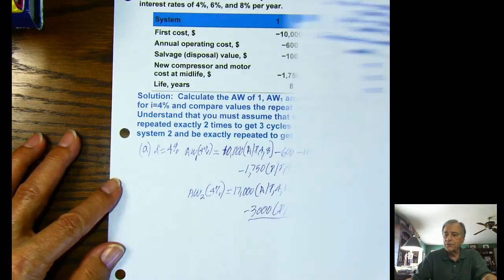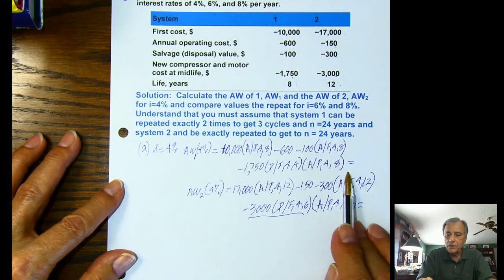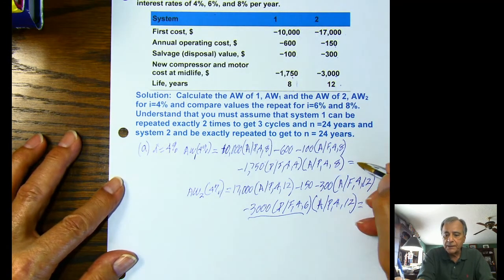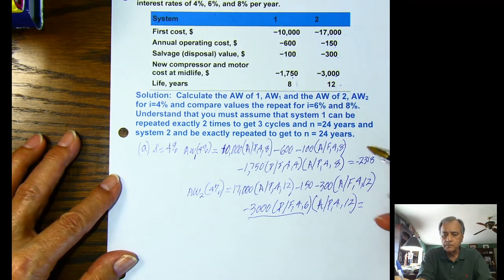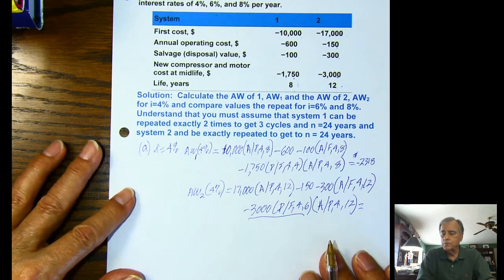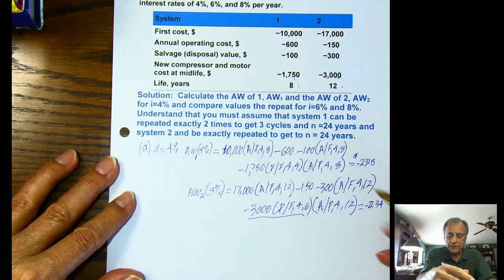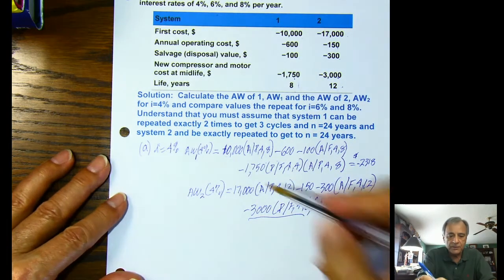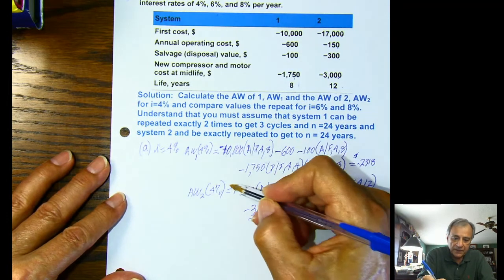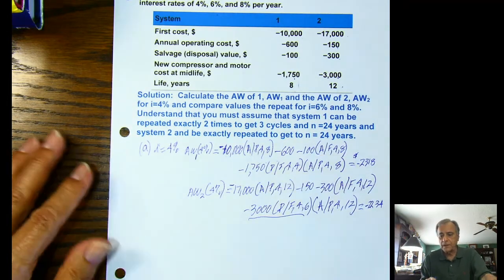For example, at 4%, this is going to end up being minus 2318. And system 2 will be minus 2234. All of the numbers were negative, remember. Well, I better put the negative. That's negative, that's negative. Okay.